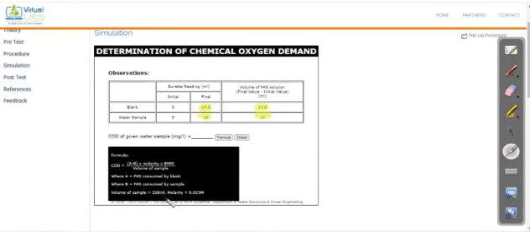It means the volume of the water sample that we have to take is 200 ml. Now, once we put in the values, A is 14.6, B is 10, molarity is 0.025, 8000 is the constant, divided by the volume of sample, 200, and then we calculate and we get some reading.